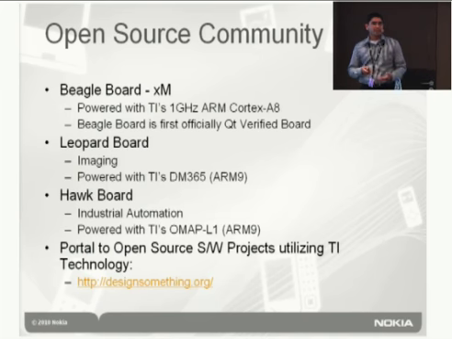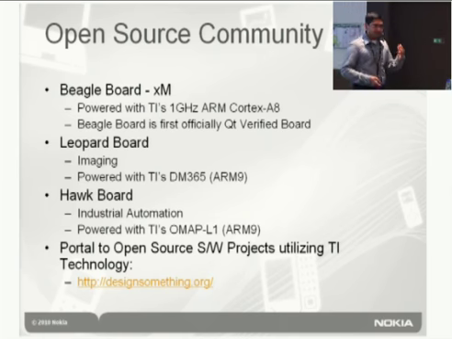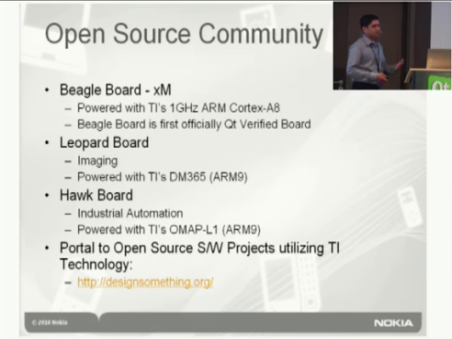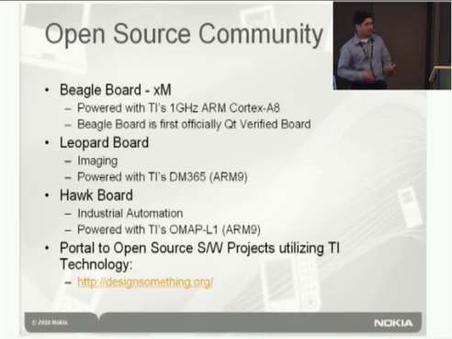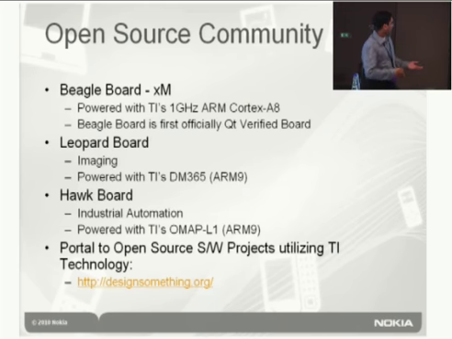Besides that, we also have other boards, like the Leopard board, which is targeted for imaging and based on the DM365, having a DSP and an ARM9, as well as the Hawk board, which is targeted for industrial automation applications, again based on ARM9, having a floating point DSP, and it is based on OMAP-L1. I am not sure what the L stands for. I guess it is low power.